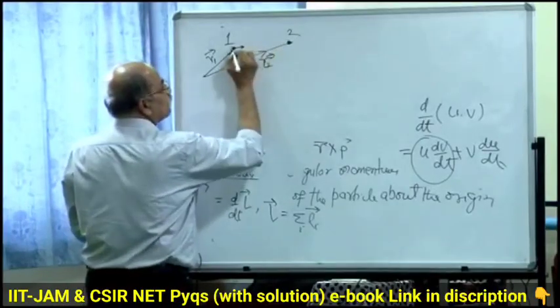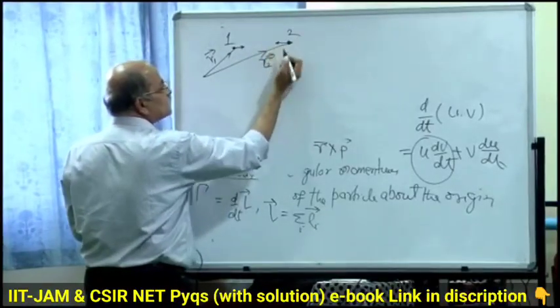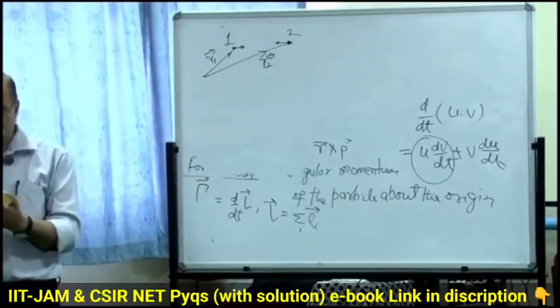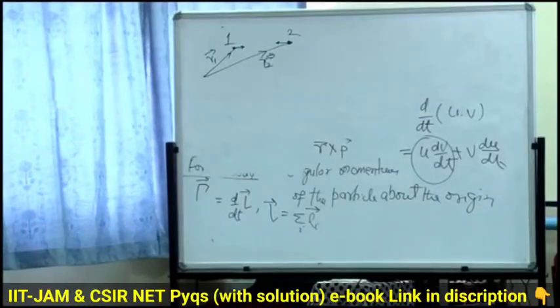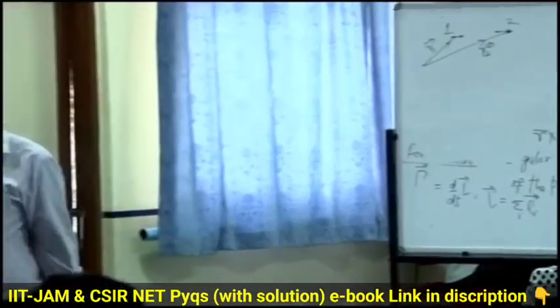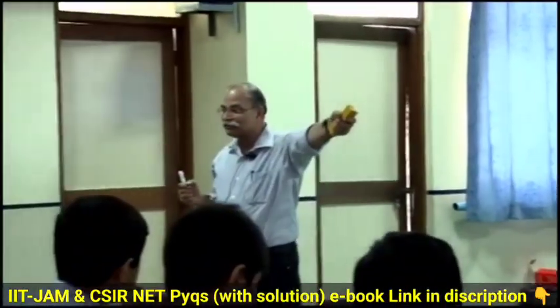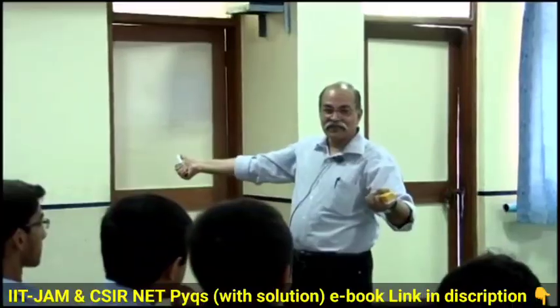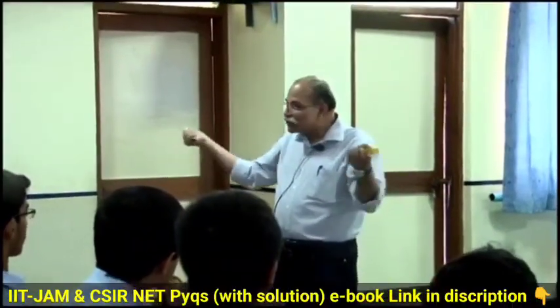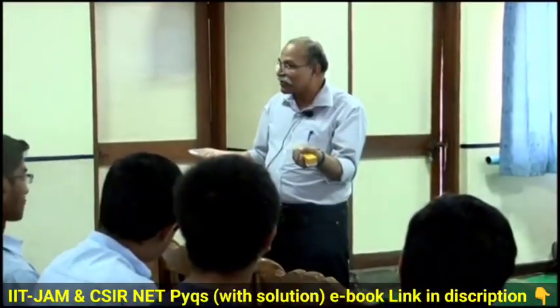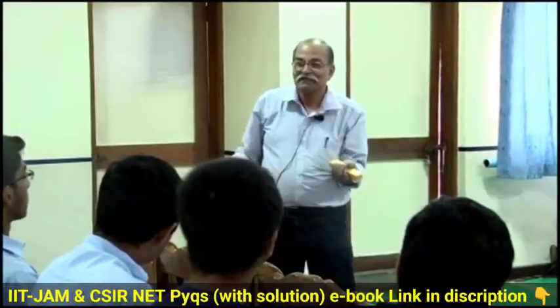Then one will attract 2 in this direction. Is this an action-reaction pair? Particle 1 is attracting particle 2, particle 2 is attracting particle 1. Do these two forces make an action-reaction pair? No, why?